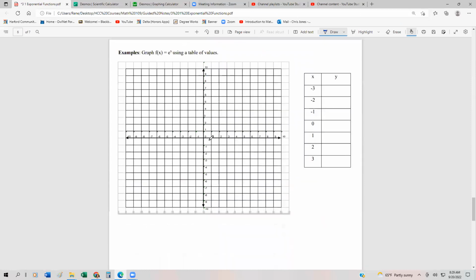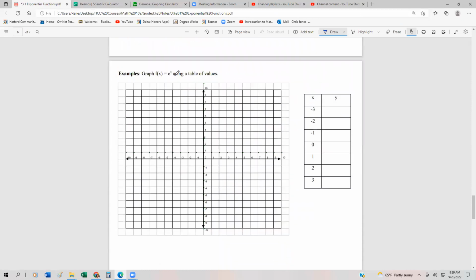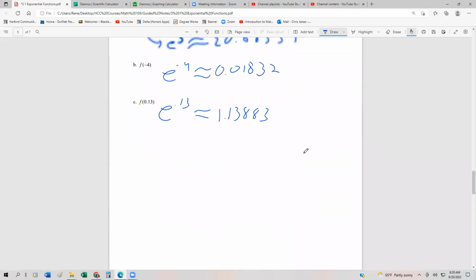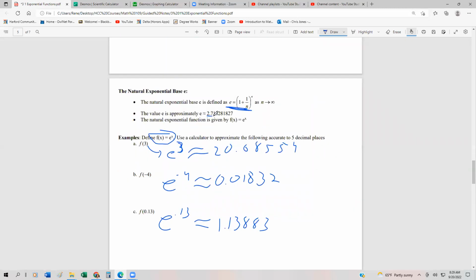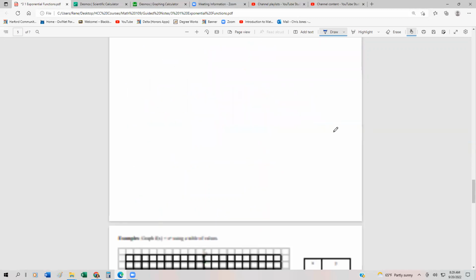Now let's see what the function e to the x looks like. There are values we can fill out right away. At 0, it's 1, because we just substitute 0 back in. At 1, we already know the value, about 2.7, going to 2 decimal places.